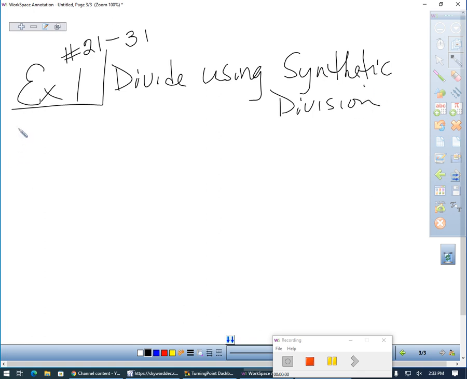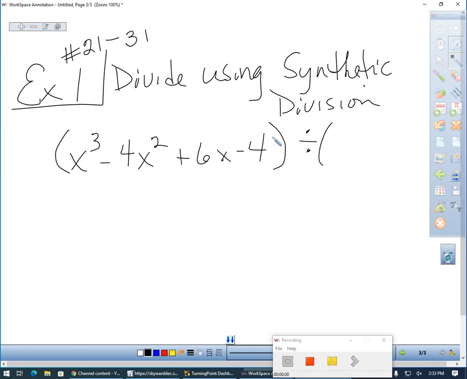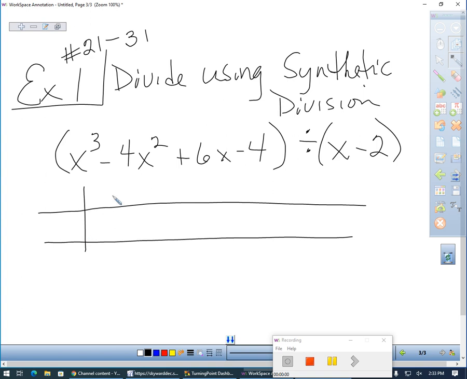Let's go with x to the third minus 4x squared plus 6x minus 4, and we're going to divide that by x minus 2. So, long one-sided tic-tac-toe. Across the top are our coefficients: 1, negative 4, 6, and negative 4. On the outside is our zero, which is positive 2.